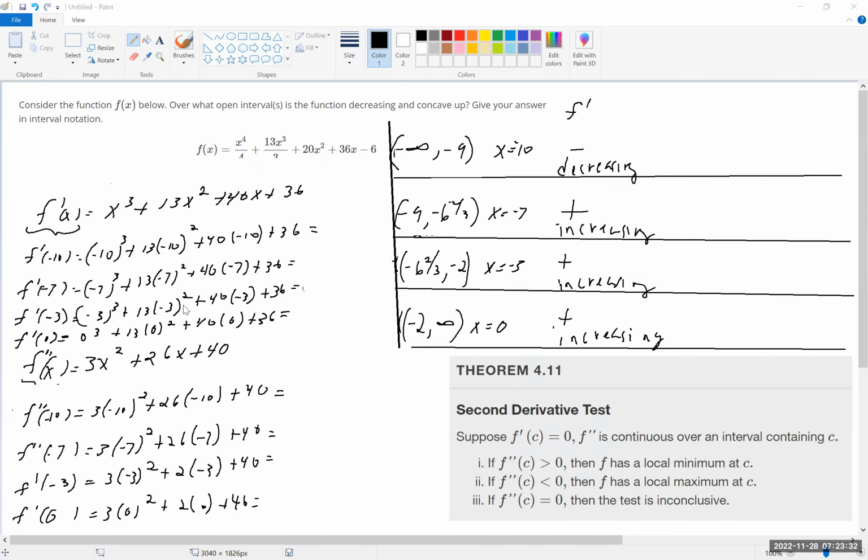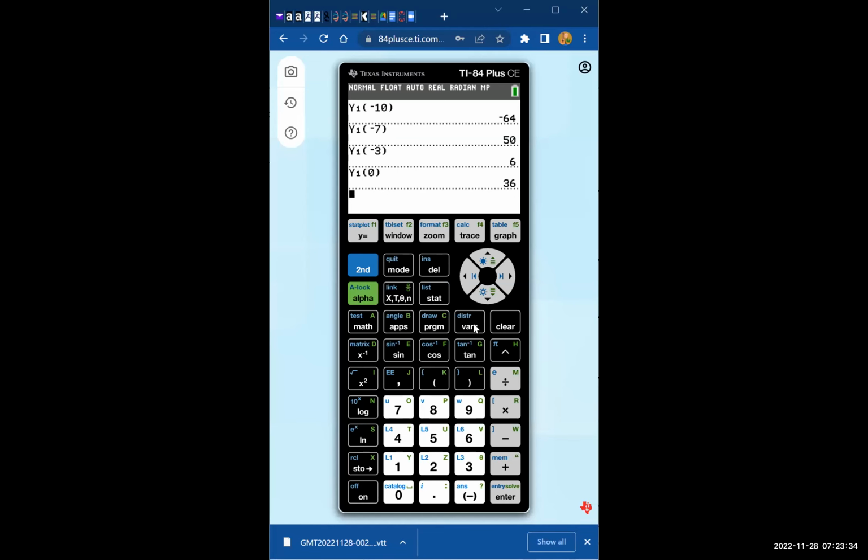And then I used the second equation, y2. That's for the second derivative, and I'm going to plug in the same values.